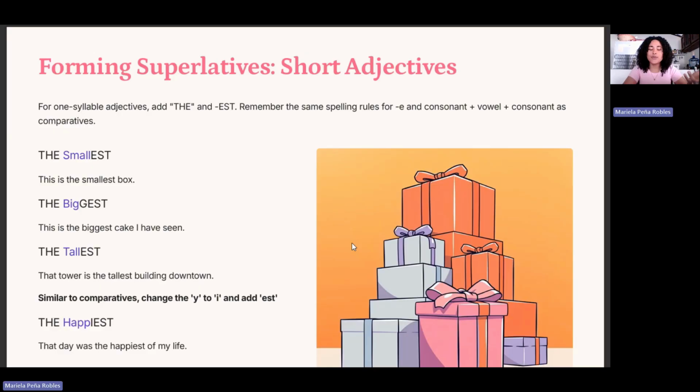It's the same for easiest, like we see on the screen. And the sentences would be, this is the smallest box, or this is the biggest cake I have seen, or that tower is the tallest building downtown, or that day was the happiest of my life.